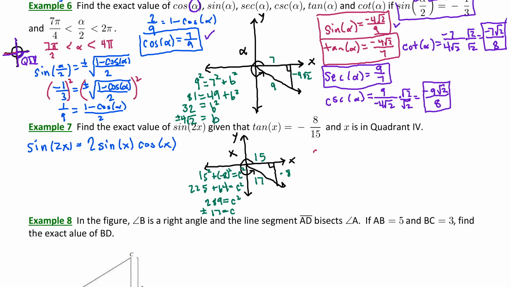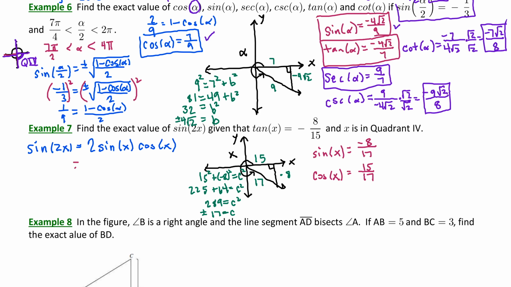From this triangle, we could observe that sine of x is equal to the y-coordinate divided by the hypotenuse, and cosine of x is equal to the x-coordinate divided by the hypotenuse. With those values in mind, we can come back over here and fill in more specific information.